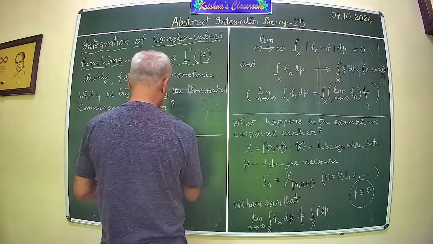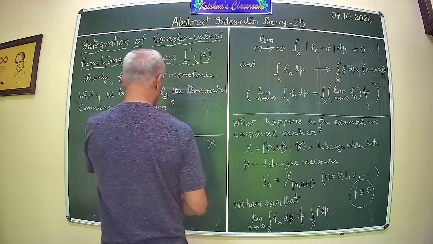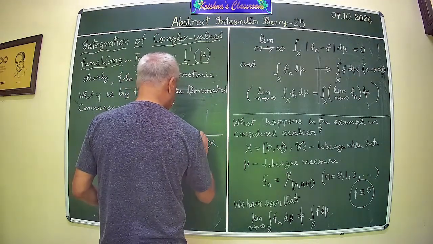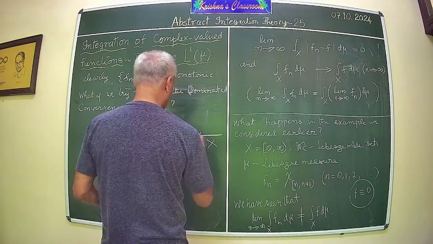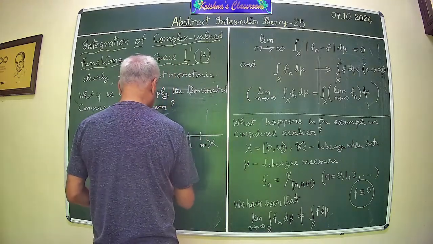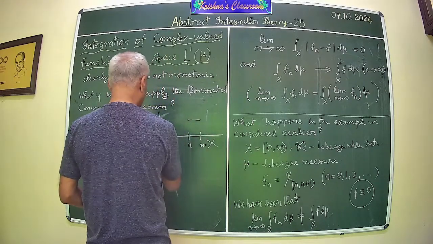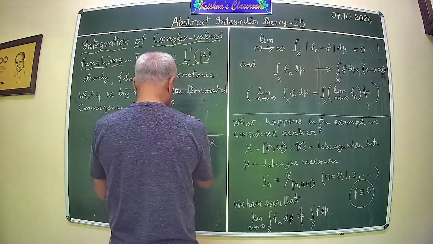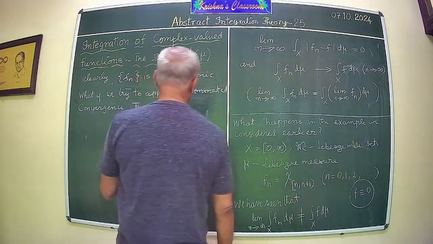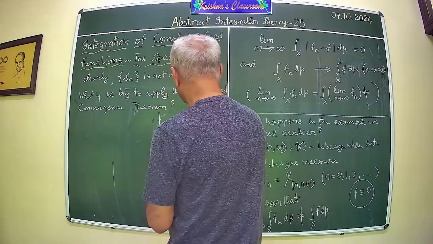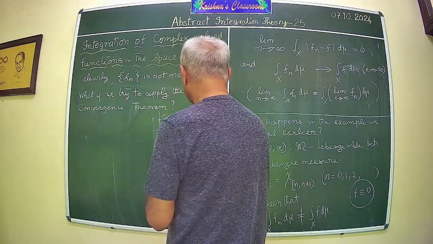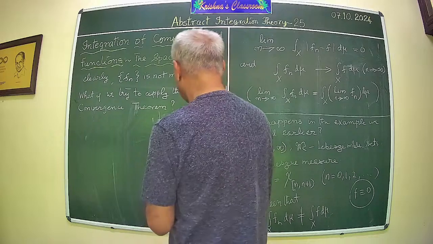This is your x, and this is n, n plus 1. The graph of the function is this one. This is a typical Fn. It is 0 everywhere else except here.